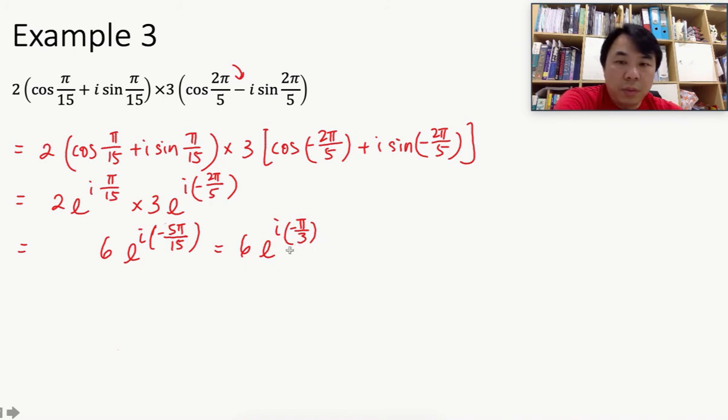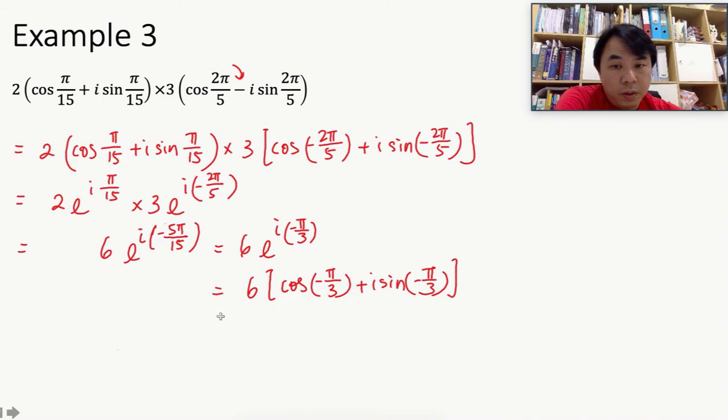You can leave it in its Euler form, or if you prefer, you can turn it back into its modulus argument form again. That will be 6 cosine... and then there you have it.